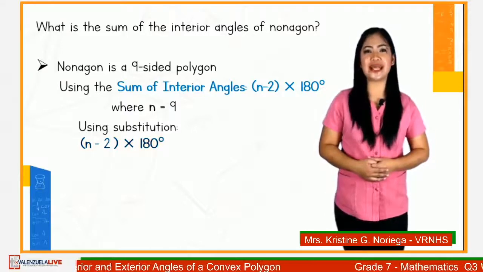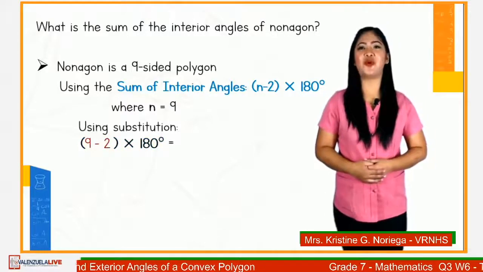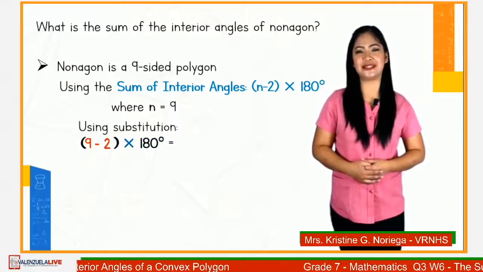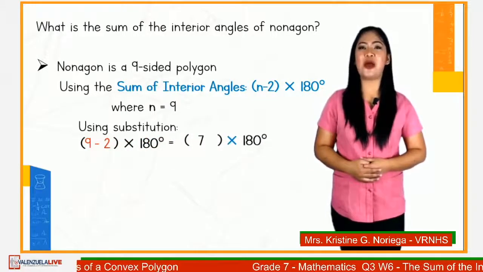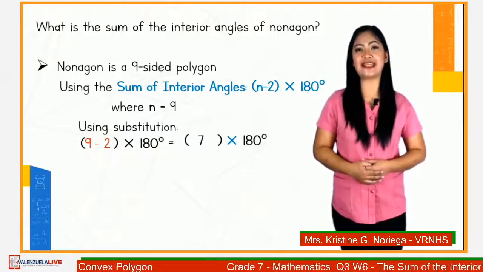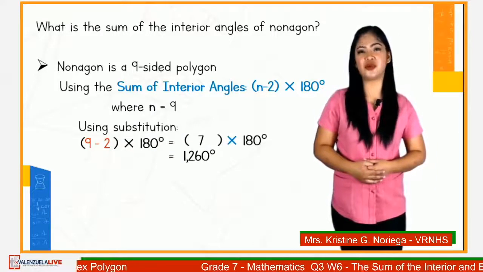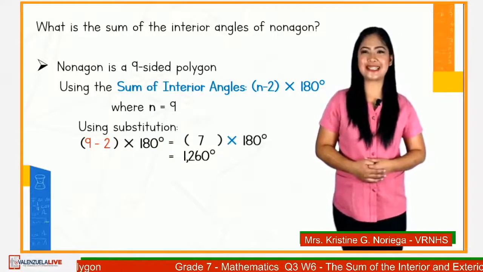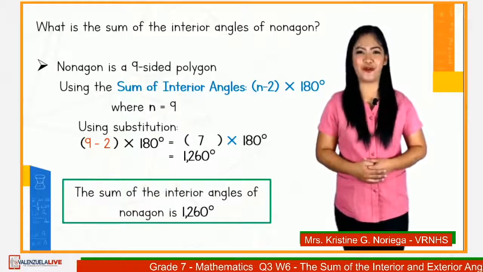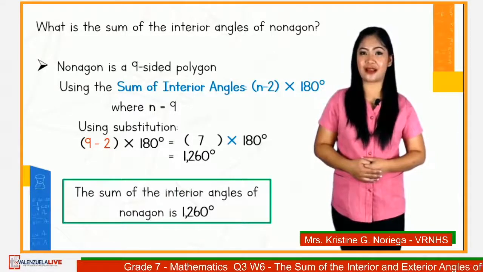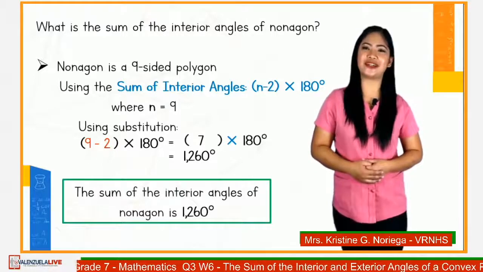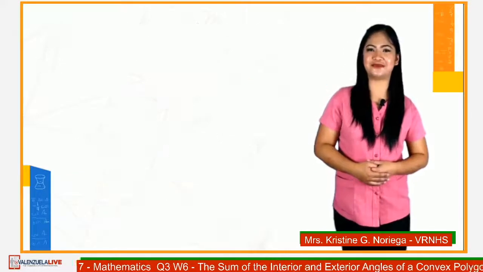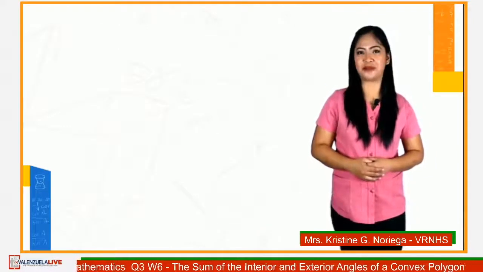That will give us 9 minus 2 times 180 degrees. 9 minus 2 is 7. Then, multiplied by 180 degrees will result to 1,260 degrees. Therefore, the sum of the interior angles of a nonagon is equal to 1,260 degrees.